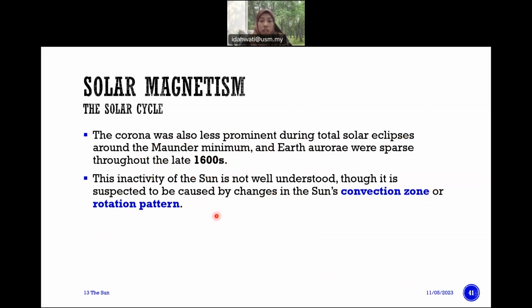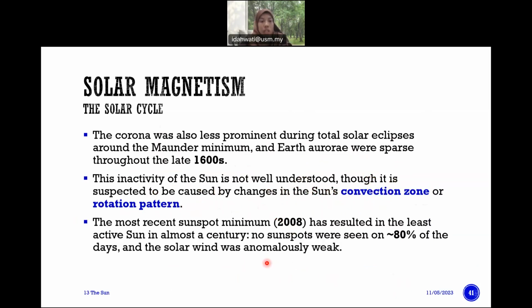So these are two issues that are important in the sun aspect when we are talking about the changes that happen on the surface of the sun, the phenomena which happen on the sun's surface. So it's very important to relate these two aspects. The recent sunspot minimum in 2008 resulted in the least active sun in almost a century.